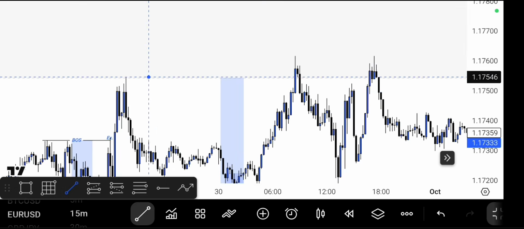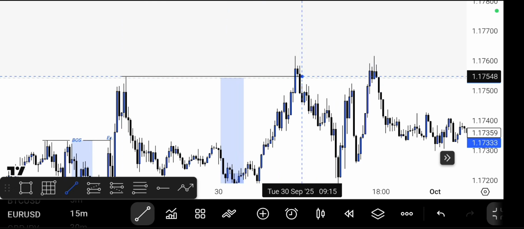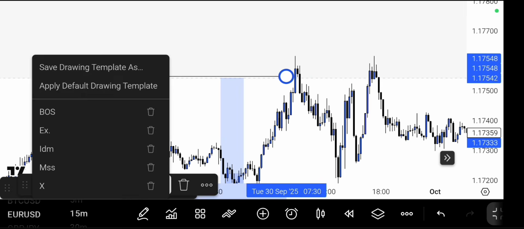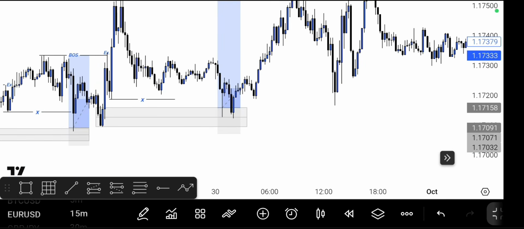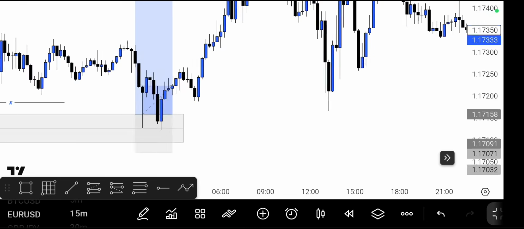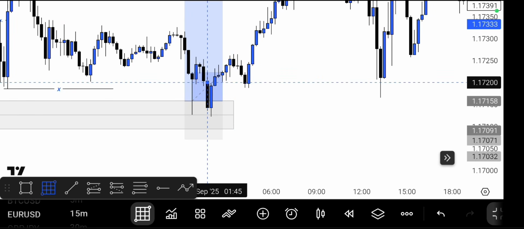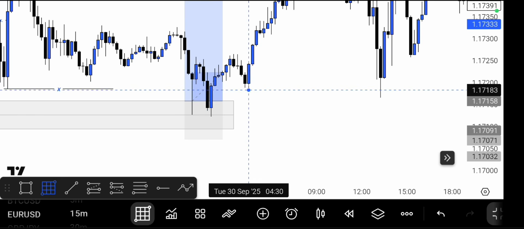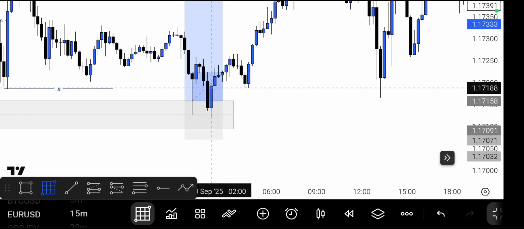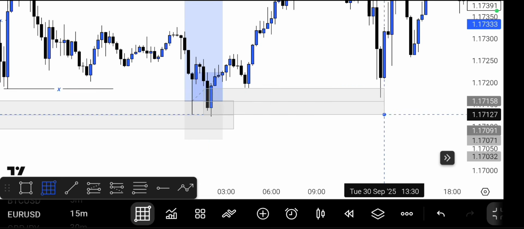So following the trend, we had a break of structure right here. So looking at this, this is the order block. Below this point was my point of interest as of this trade.